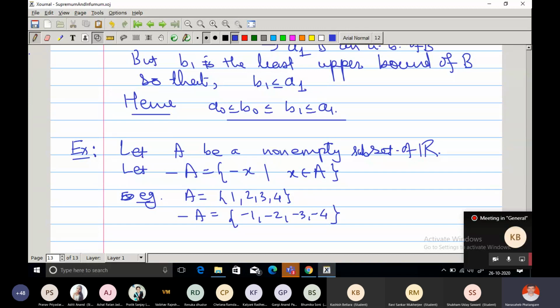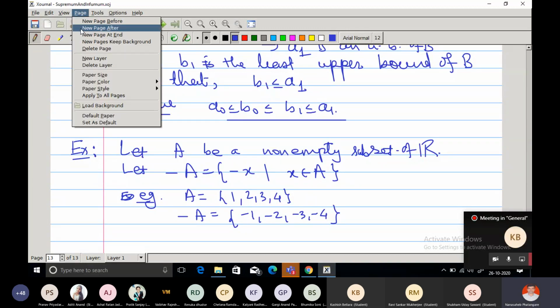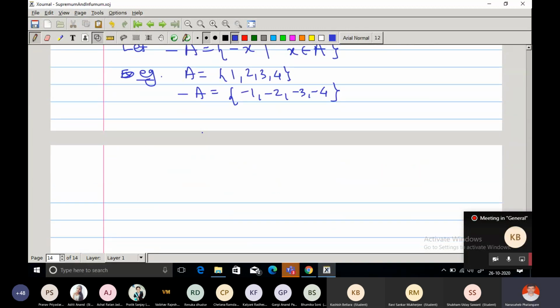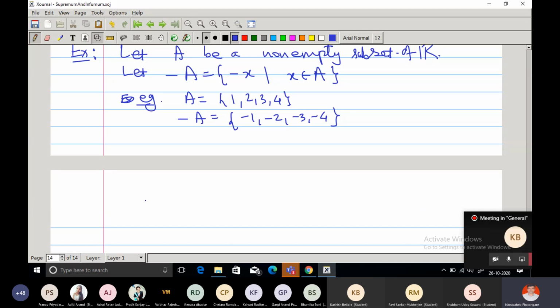Now I want to compare the supremum and infimum of these two sets. What is the supremum of A? 3? Supremum of A is 3, or 4? It's 4. Right. Infimum of A is 1.